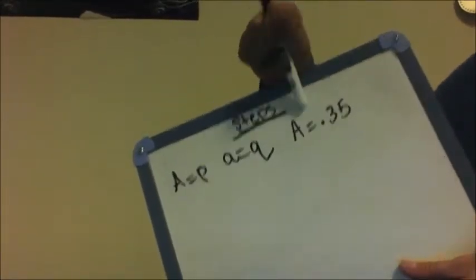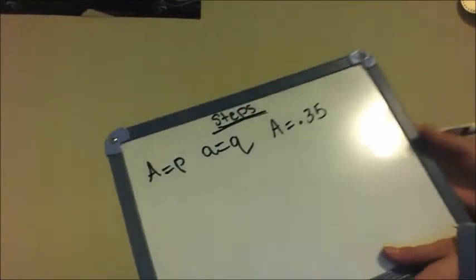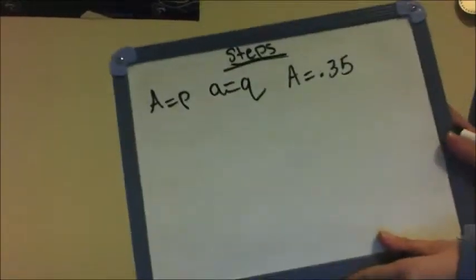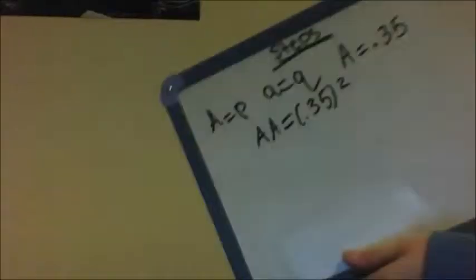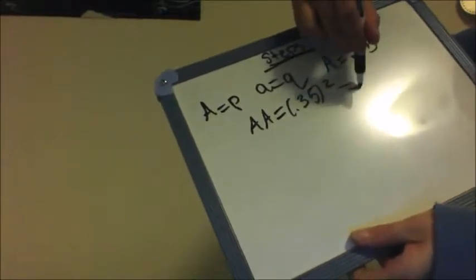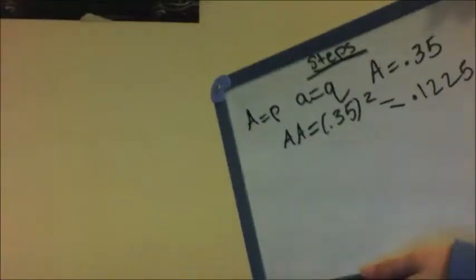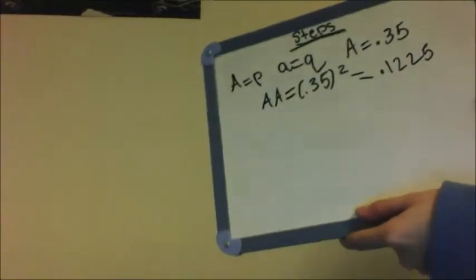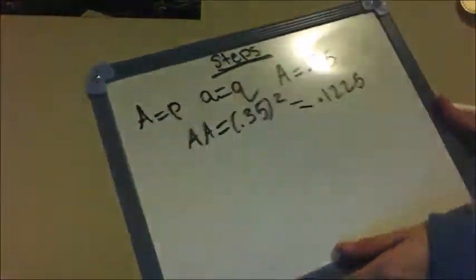Because we only have one capital A, we have to square it in order to get both capital A and capital A. So it's going to be 0.35 squared, which gives us 0.1225. Now we need to find our Q value.